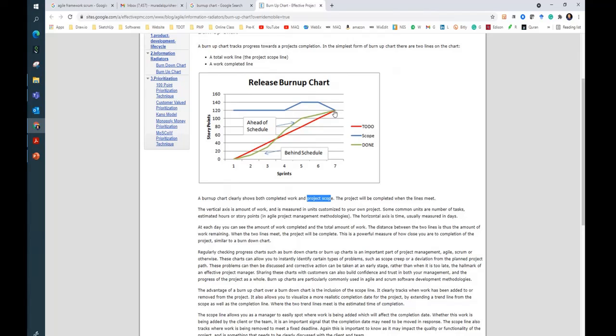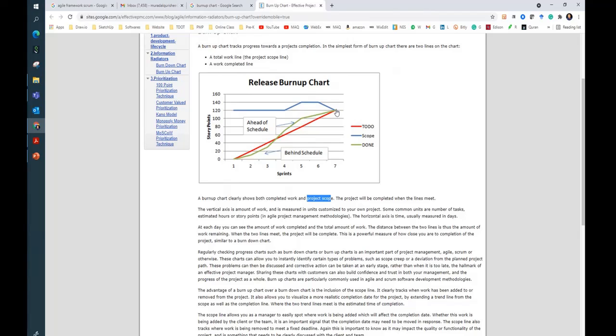Usually in the field, when you apply it, the work cannot go as per plan, right? Sometimes it goes behind in here, sometimes it goes up. So they are saying that when you are below this plan, you are behind schedule. That means you are taking a long time. And when you are doing more work, then you are ahead of schedule.